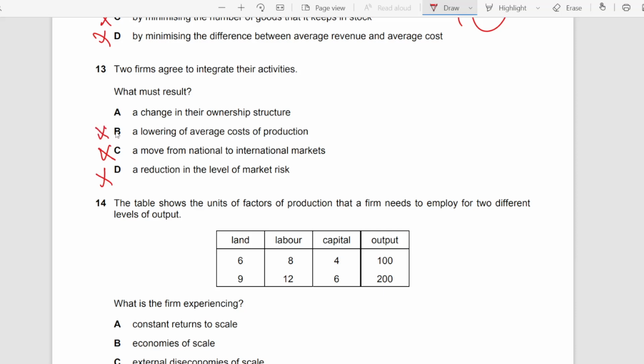So, the only thing that's certain is that their ownership structure will change, of course. When two firms combine their activities and when the owners form some kind of a partnership, they will come to an agreement and their ownership structure will change. Like, let's say there are two businesses, a business A and business B. So, person A, let's say Mr. Joe, owns 100% of business A. Alright?